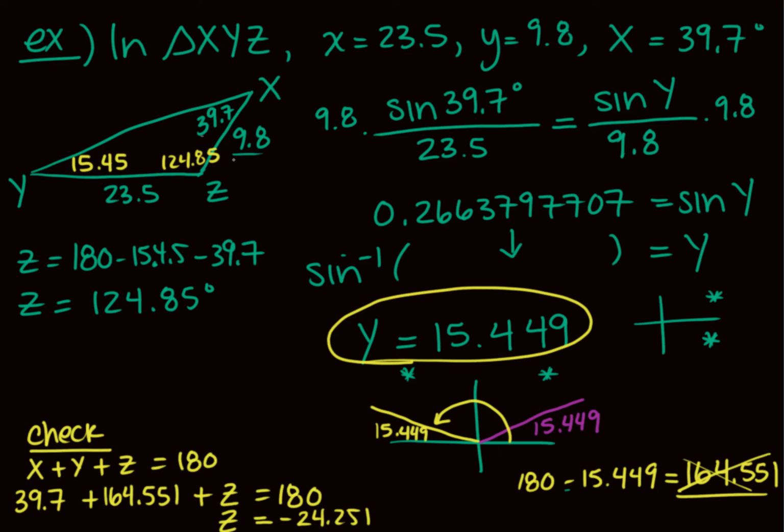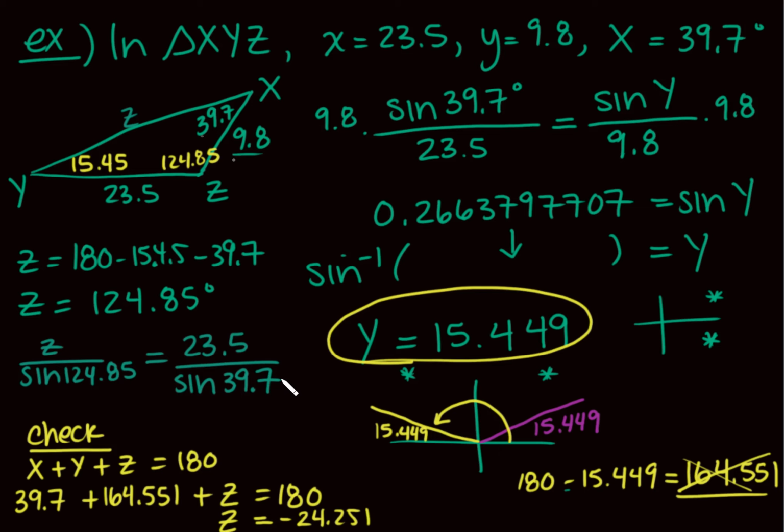And now I'm going to use the law of sines again to solve for little z, and I'll be done. So I have little z over the sine of 124.85 equals, well, I'm going to use my x's again because my x's together didn't involve any rounding. So 23.5 all over the sine. And notice how I now put the sides in the numerator.